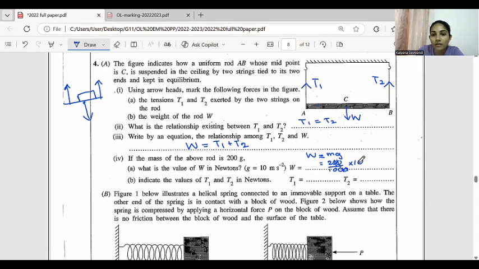Then after solving, we get 2 Newton. Okay. Then indicate the values of T1 and T2 in Newton. So if the overall resultant, it means W, is 2 N, T1 and T2 should be 1 Newton, 1 Newton.